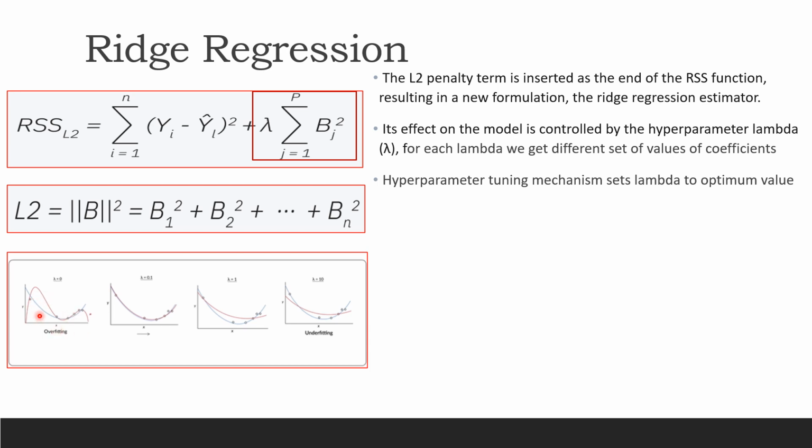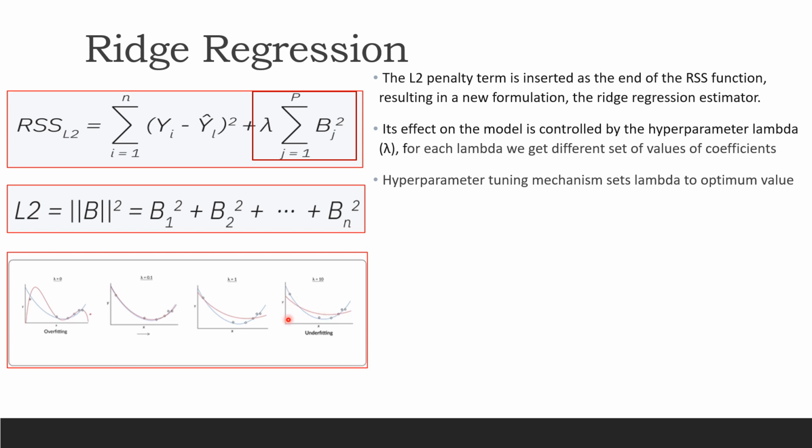But then if lambda moves from 0 to 0.1, there is a remarkable improvement in the prediction model that we are trying to arrive at. And if lambda now moves to 1, and further increases, we are further penalizing. This loses that sweet spot, and then again the shape of the graph changes.